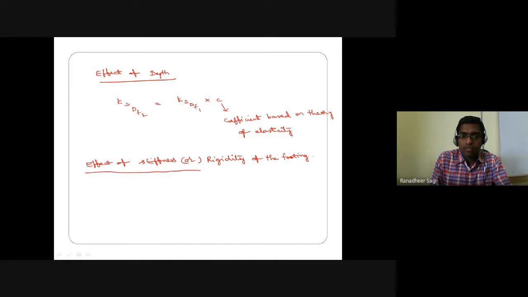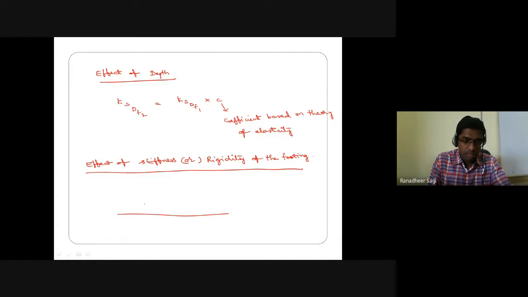Okay, the effect of stiffness or the rigidity of the footing, where we have some expression which is given by Vesic. Before we start talking about that expression given by Vesic, let me say this is my foundation whose length is L.